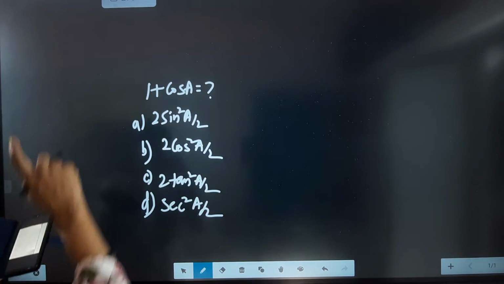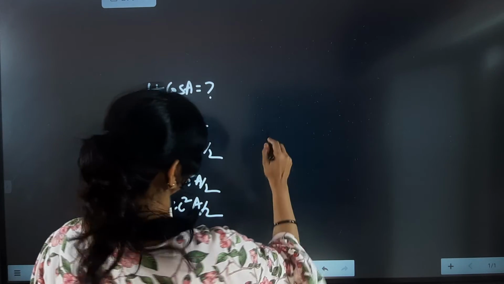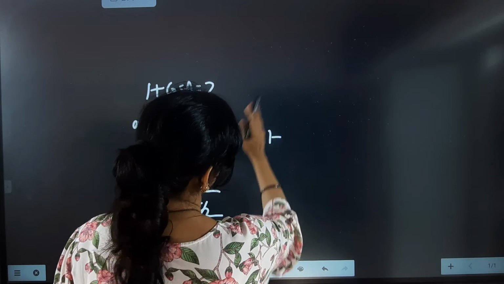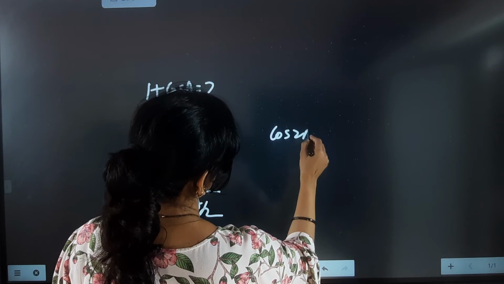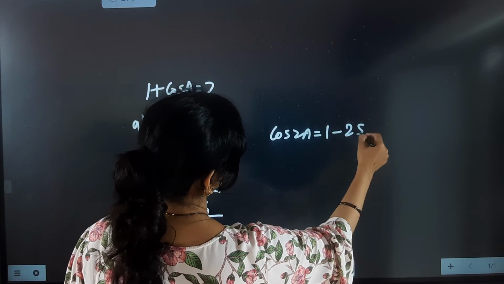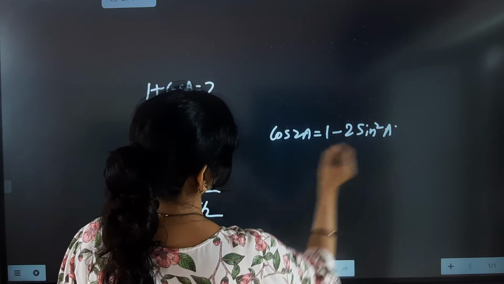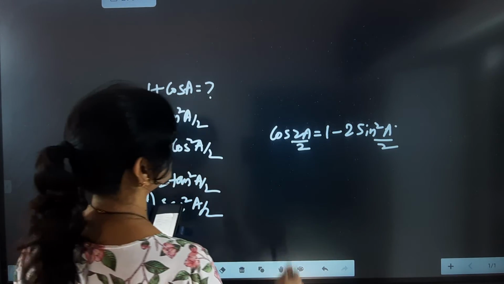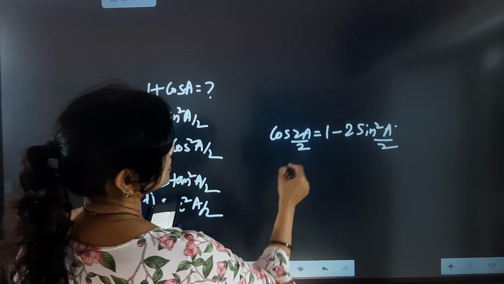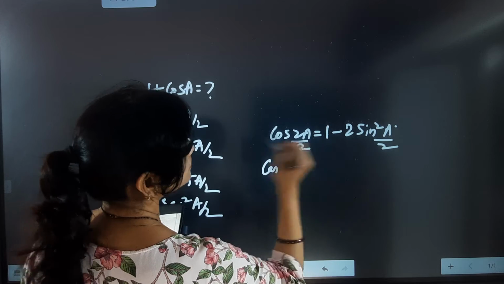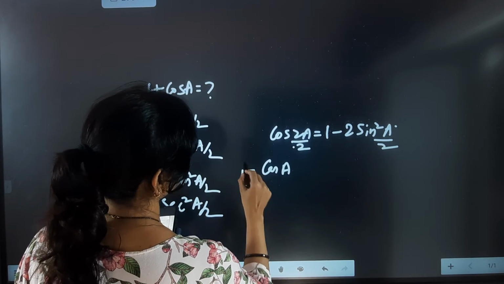Here one very important thing is, we know one formula, that is cos 2a equal to 1 minus 2 sin square a. If we make the angle half, this part will also become half. So now here it is coming as cos a. If we shift this one to that side, it will become 1 minus cos a.